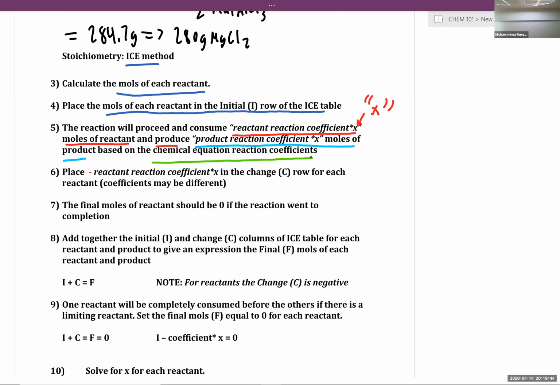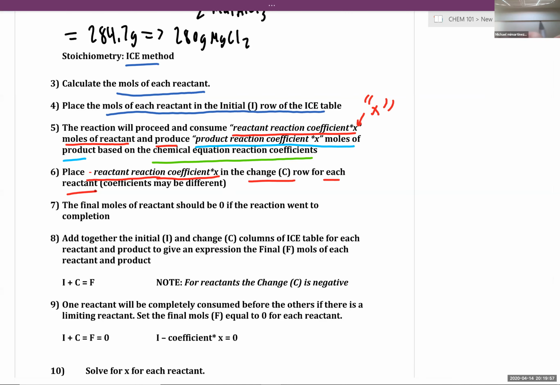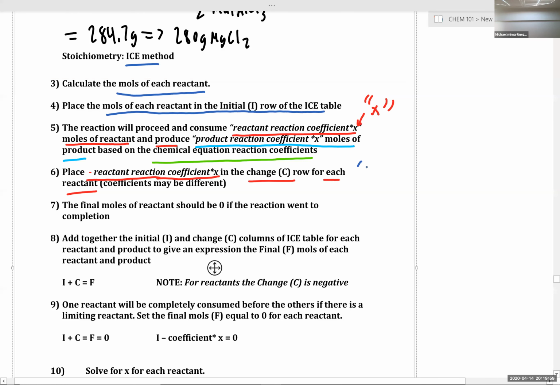Okay, so what you're going to do is place the reaction coefficient for your reactant times X in the change row for each reactant. So for example, if we had 2H2O2 decomposing, we'd write this as minus 2X because our coefficient is 2 and this is a reactant.